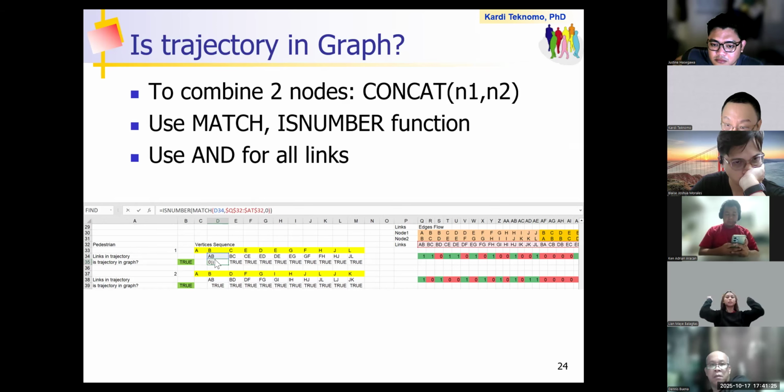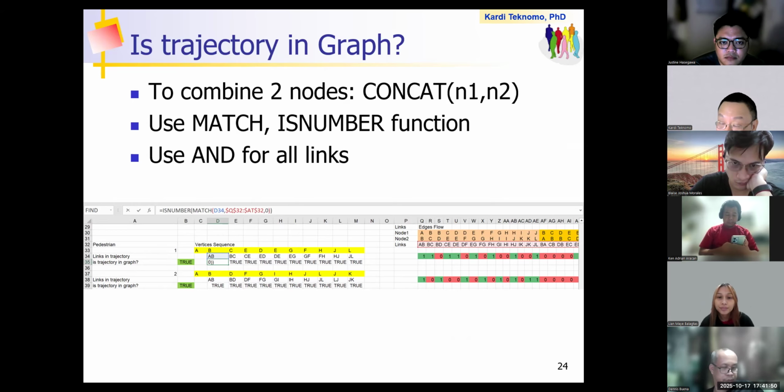And then what you will do: if this trajectory is on the graph, then there is no false. All must be true, right? So this is the final result, the green one. All of these must be true. Then this trajectory is on the graph. Is this clear or not?